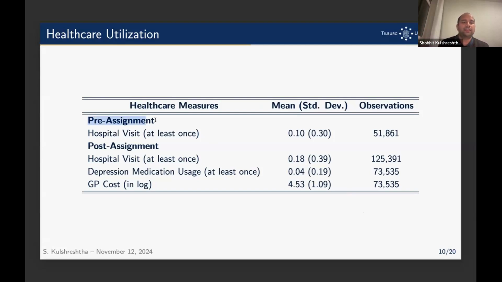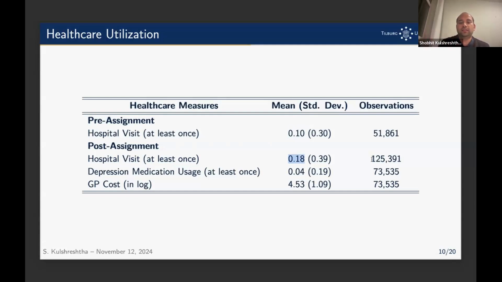Before they are assigned, which is the time when they are in the reception center, almost 10% of the population visited a hospital at least once. But once they are assigned to a municipality, this share goes up to 0.18, so 18% of the people visited a hospital at least once.